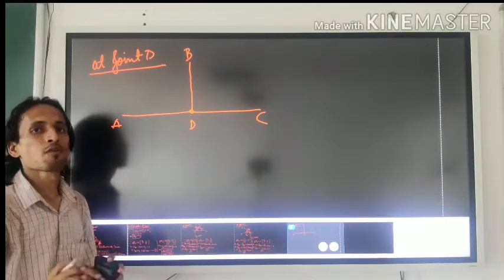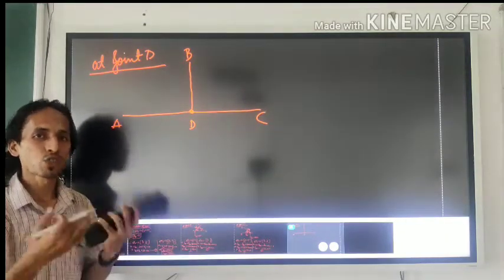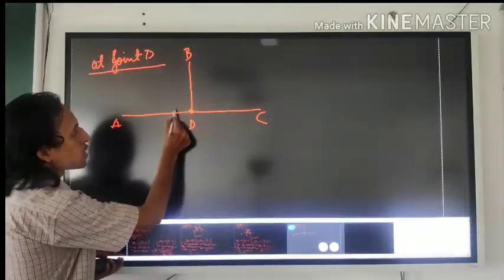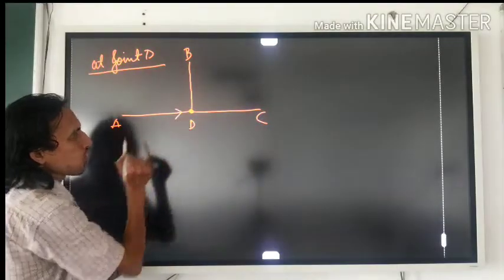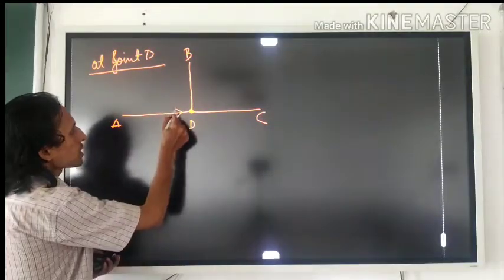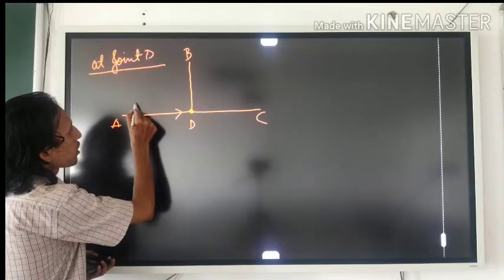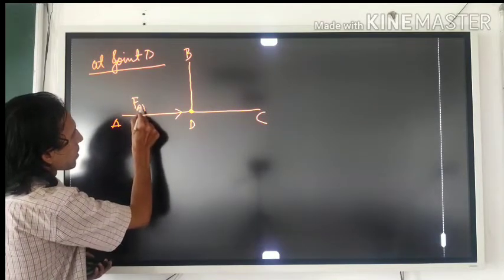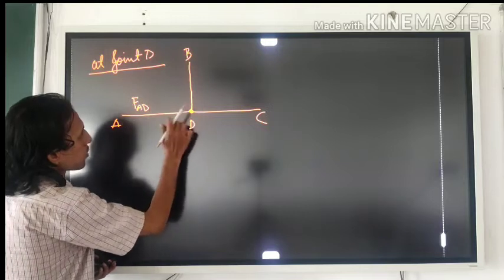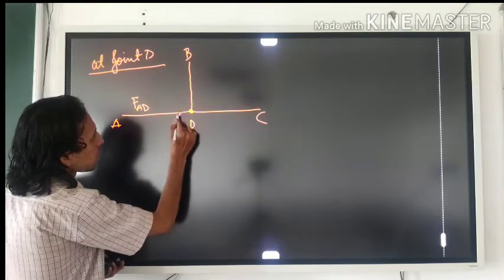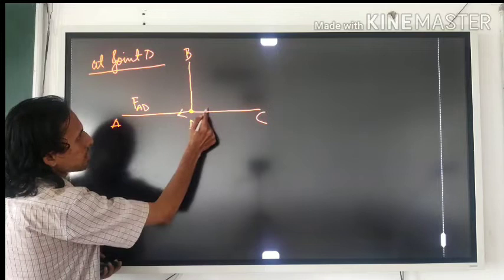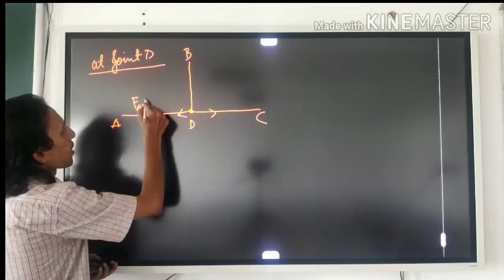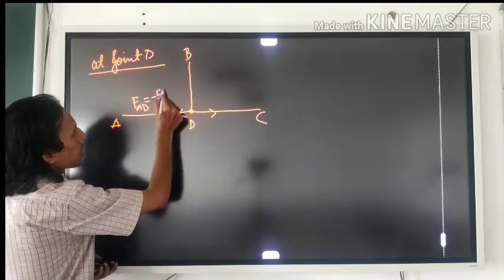Compression means force towards the joint. So force towards the joint. You can simply ignore the direction also. Assume that this is like this, and the value is minus 5.78.